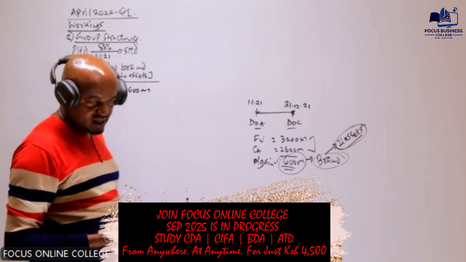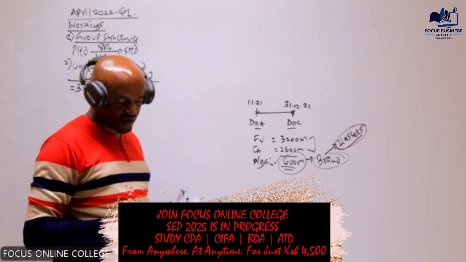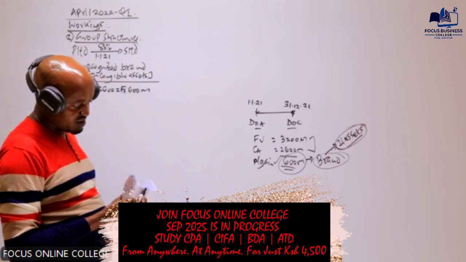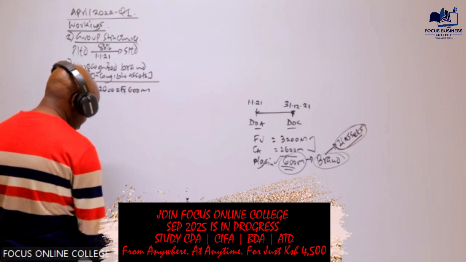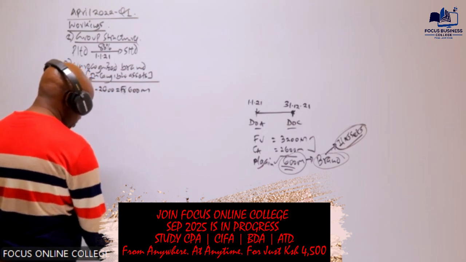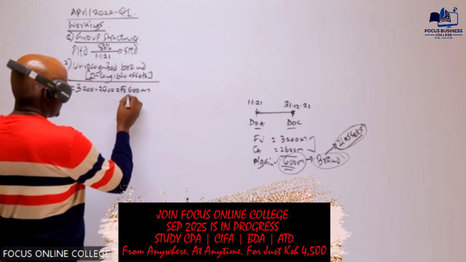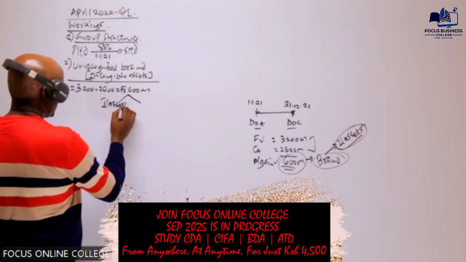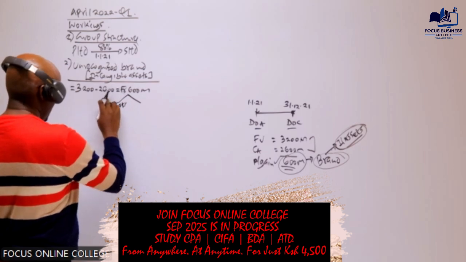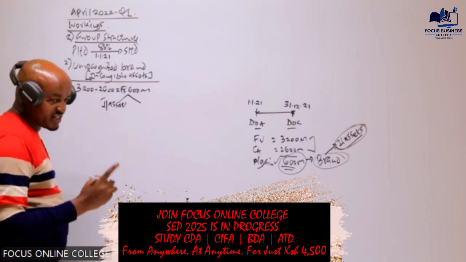Remember, this asset was revalued on the date of acquisition. So how are we going to account for this amount of 600? Number one, this will be recognized as an intangible asset within the consolidated statement of financial position.